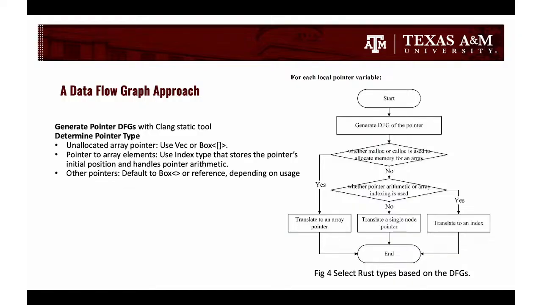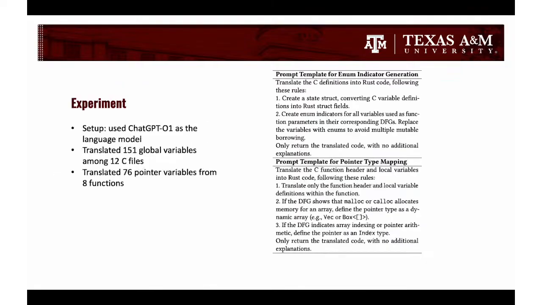If it's an unallocated array pointer, we use Vec or Box of slice. If it's a pointer to array elements, we use an index type that stores the pointer's initial position and handles pointer arithmetic. And if it's other pointers, it will be translated to default Box or reference.